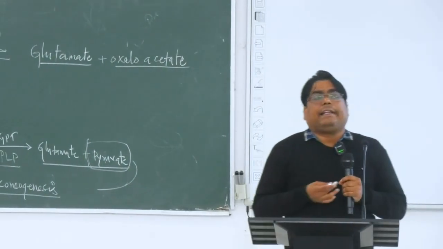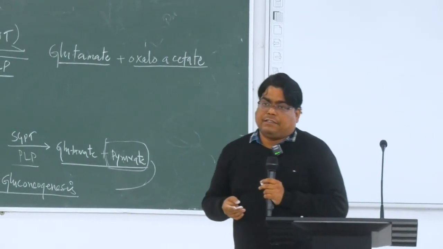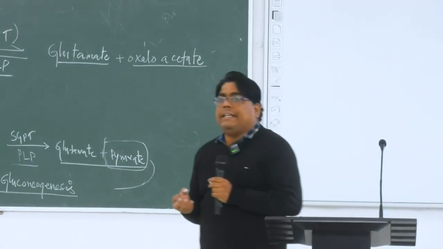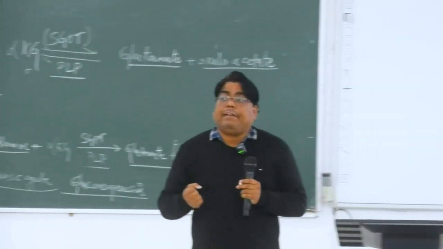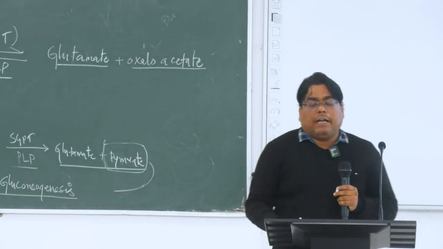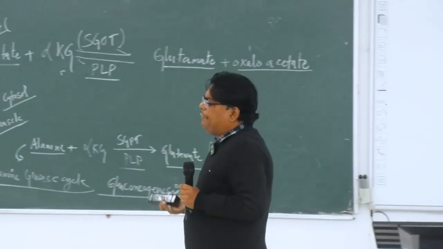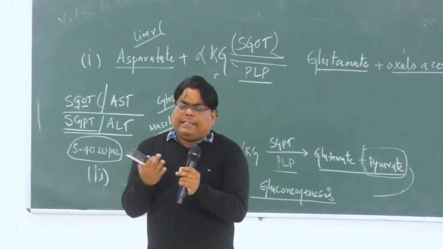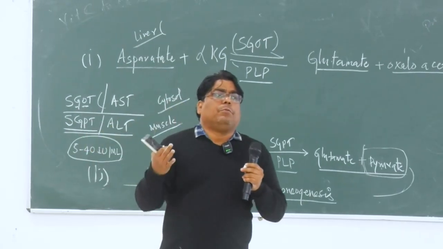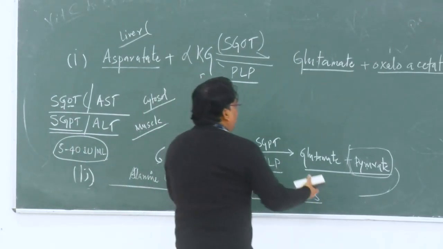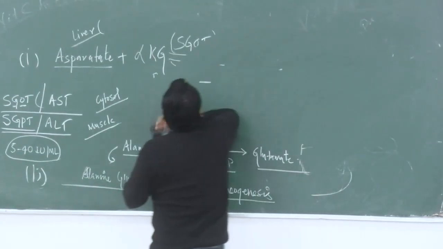Now, the second reaction is the deamination reaction. We call it oxidative deamination. What do we call deamination? If you listen to the term deamination, there is removal of the amine group, removal of ammonia.